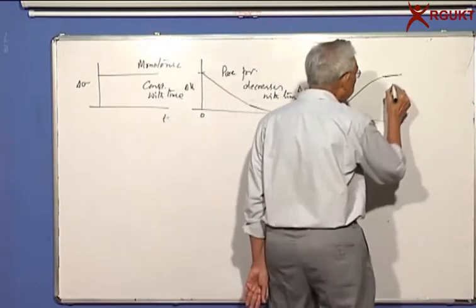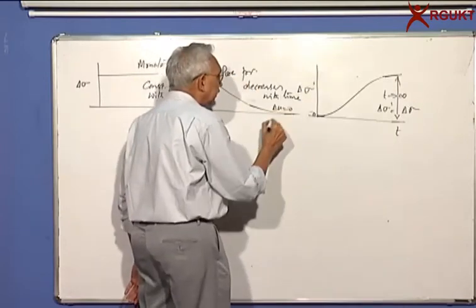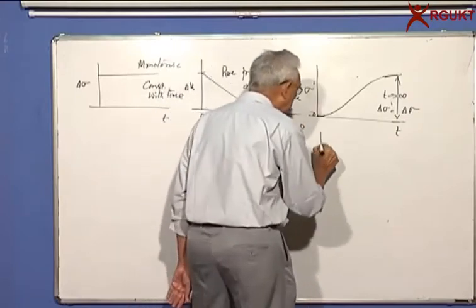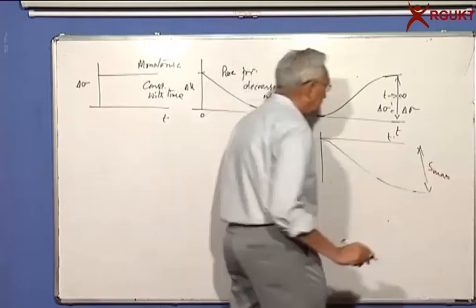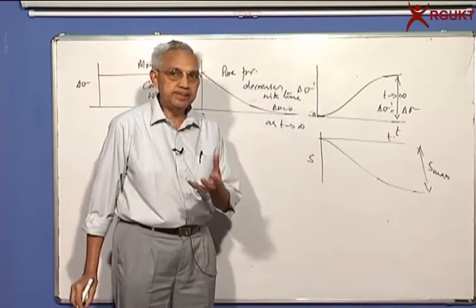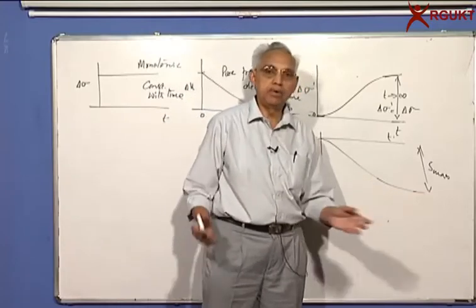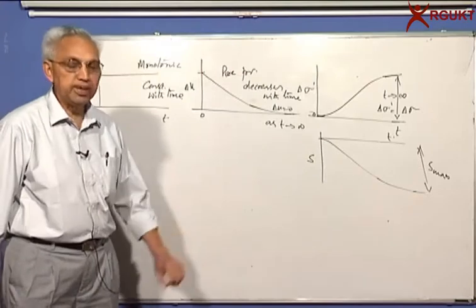As t tends to infinity, U is 0. So if I now plot settlement with respect to time, settlement is initially 0 at t equal to 0. It increases and over a long period of time it finally attains the final value.